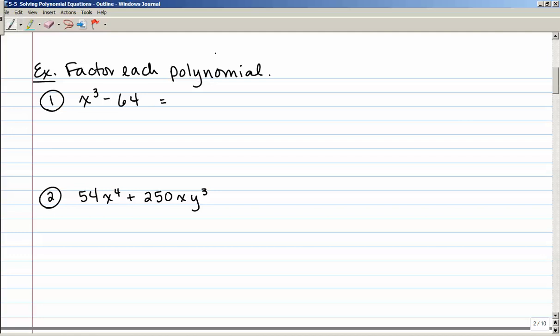So I could say this is the same thing as x to the third power minus 4 to the third power, which means that a in my formula would be equal to x, and b would be equal to 4. So now we just plug it into the formula, which was a minus b times a squared plus ab plus b squared.